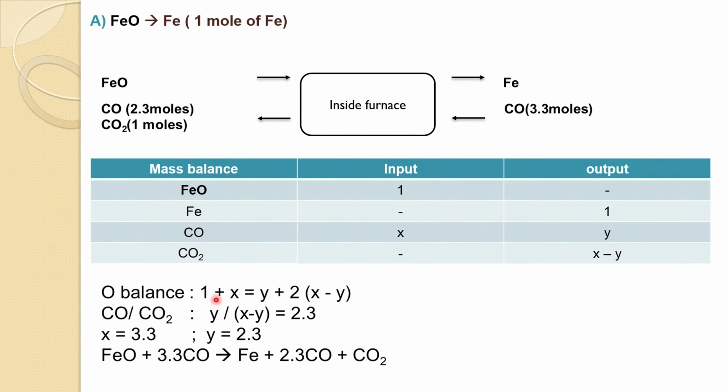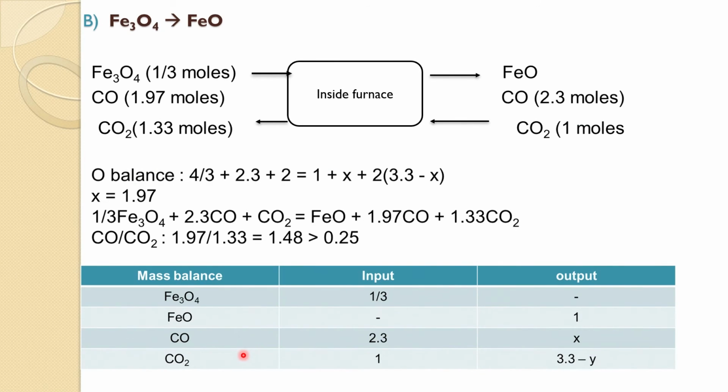Similarly, for CO2, this ratio comes out to be 2.3, as we had mentioned before. So, it gives you x as 3.3 and y as 2.3. So, for FeO to Fe you need 3.3 moles of CO to react to give 1 mole of iron.